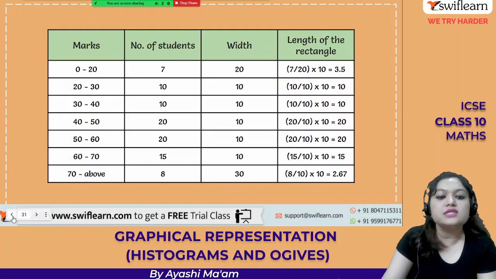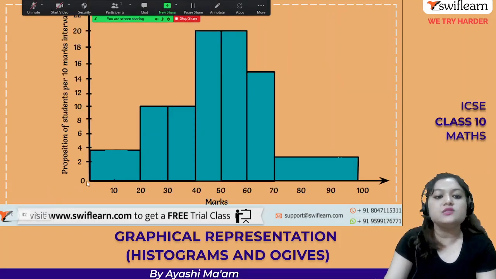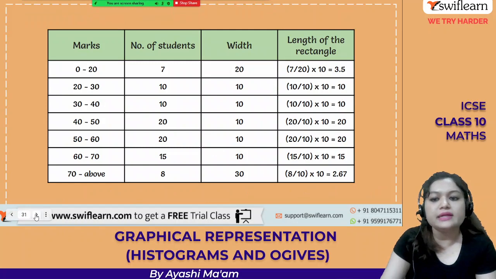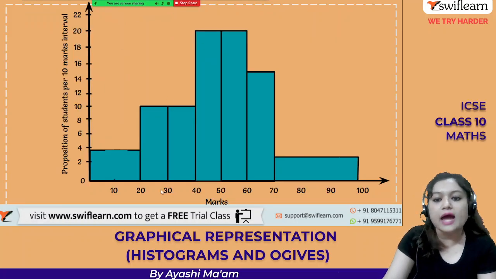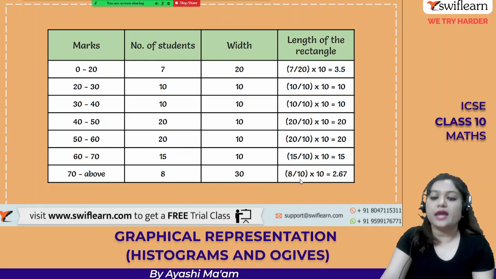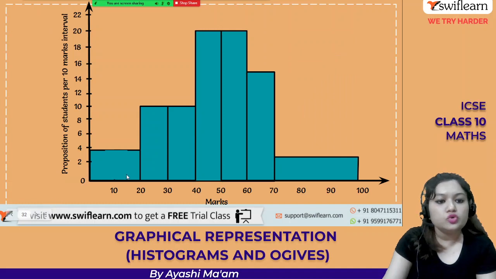So now from 0 to 20 we can take the frequency as 3.5. See, 3.5, that is between 2 and 4. This is your rectangle. Then again the next one will be 10, 10, 20. Yeah, that's how they have done it. And for the last one, now see, the last one 70 to above, that means 70 to 100, you can see 2.67.